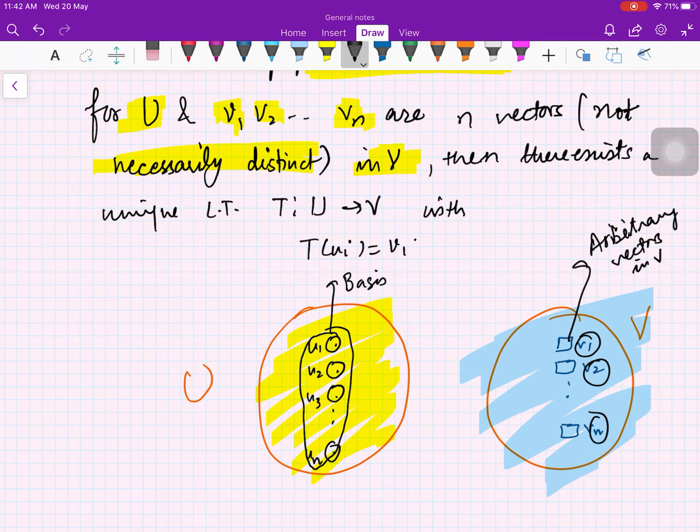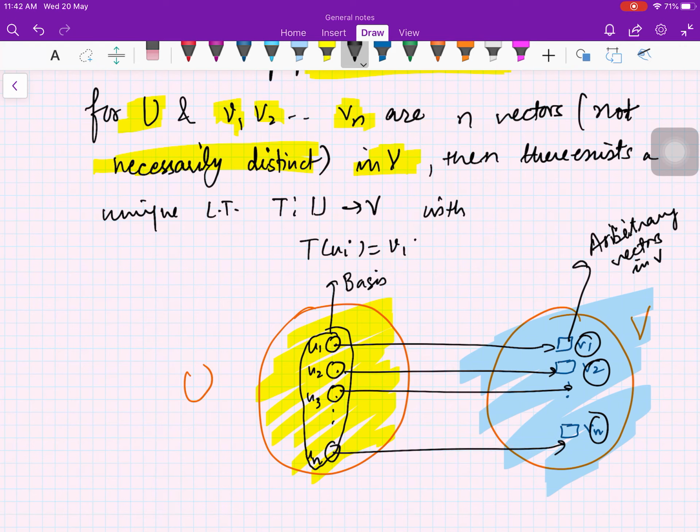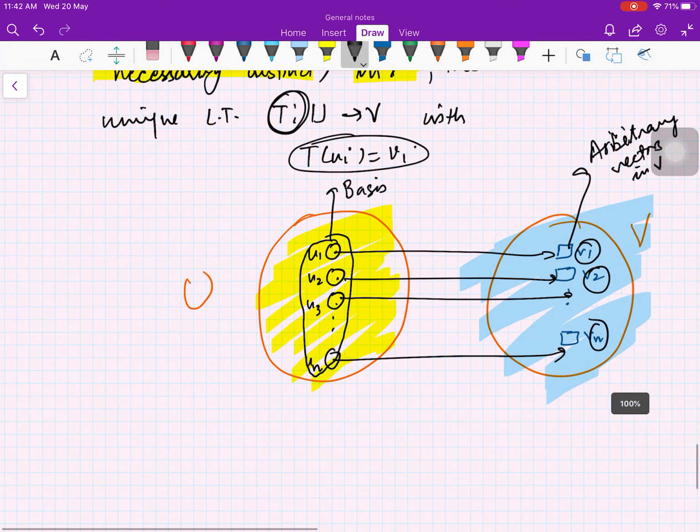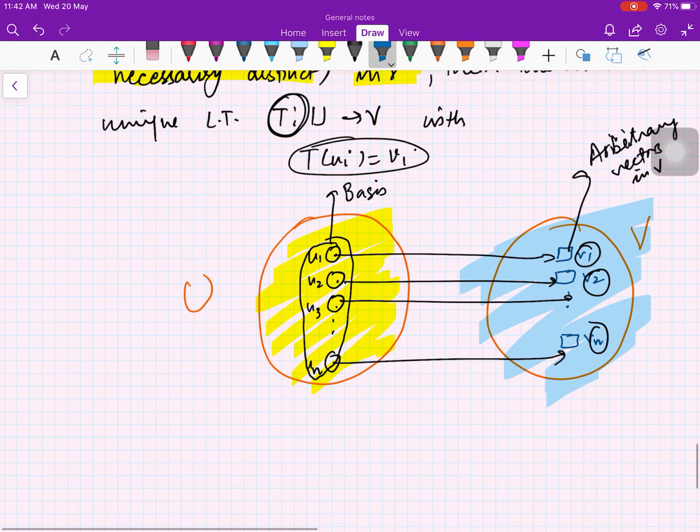So I am saying that if you map u1 to v1, u2 to v2, u3 to v3 and un to vn, so you have T(ui) = vi, then there is a unique linear transformation which does so, right? We can prove it very easily.